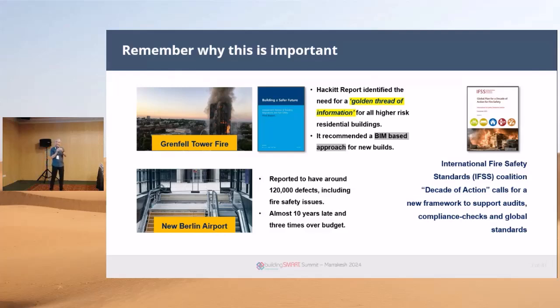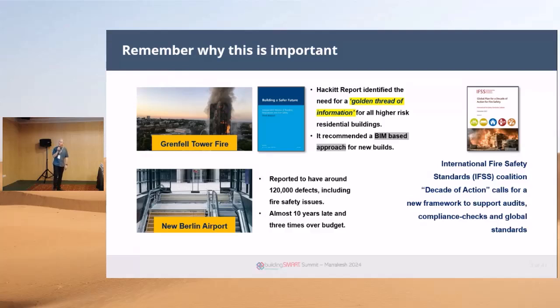And as a result of various examples of this kind of bad management of data, coordination, etc., in buildings for fire safety, a group of industrial partners and organizations got together, called the International Fire Safety Standards Coalition. They came up with a decade of action to try and change fire safety as a global sector, to bring it up to speed.